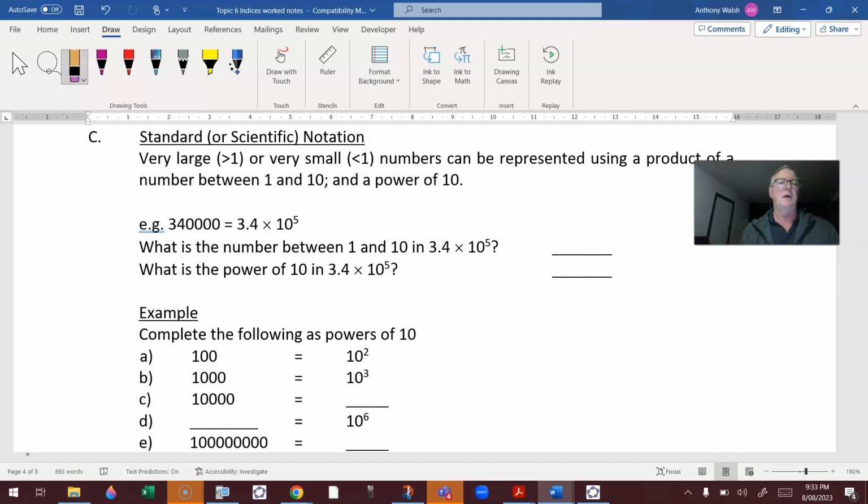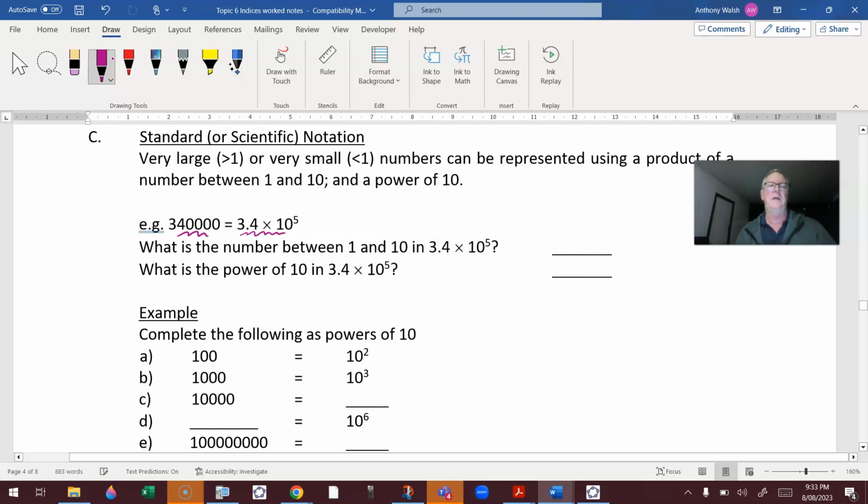For example, 340,000 is just an ordinary number, but it can be written in this format, which is the scientific notation format. 3.4 by 10 to the 5. So 3.4 is a number between 1 and 10, and 10 raised to the power of 5 is a power of 10.